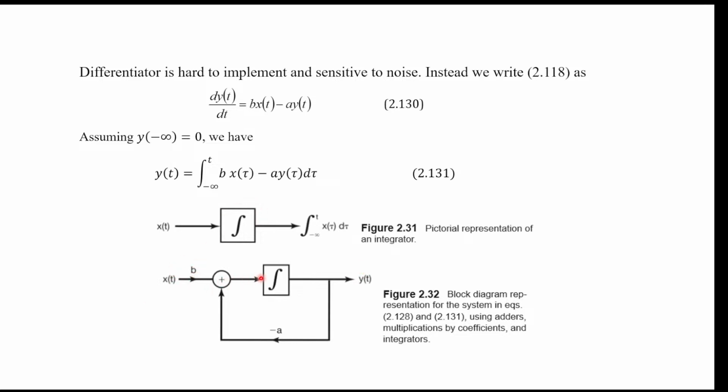So this line here is minus ay plus bx, and it gets integrated and becomes y(t). So this feedback loop will implement this system with this equation. Any questions so far?